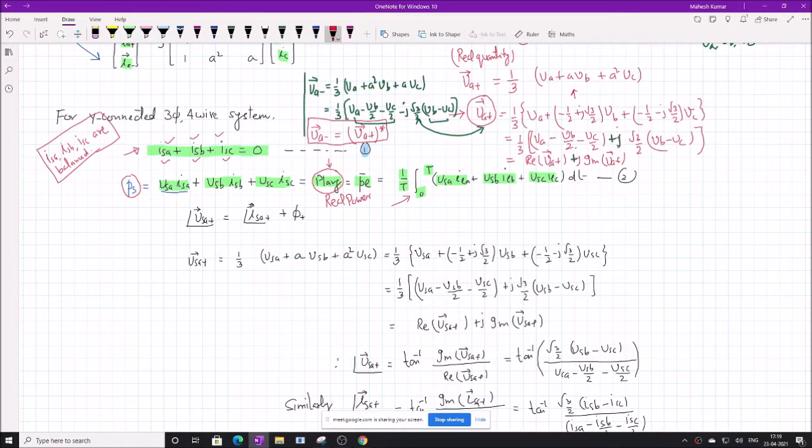And therefore, it has to be equal to VSA into ISA plus VSB into ISB plus VSC into ISC. Why does it have to be equal to this? Because we proved earlier the instantaneous power is the product of voltage and current. So therefore, the source power will be VSA into ISA plus VSB into ISB plus VSC into ISC.